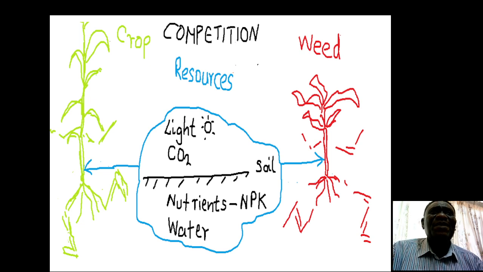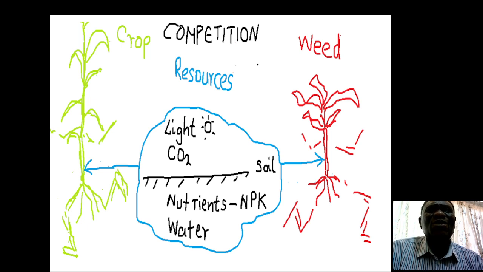So in this first part of the lecture, we have just explored the types of weed-crop interactions, which are basically competition and allelopathy, although we didn't talk about allelopathy in detail. We just mentioned it.